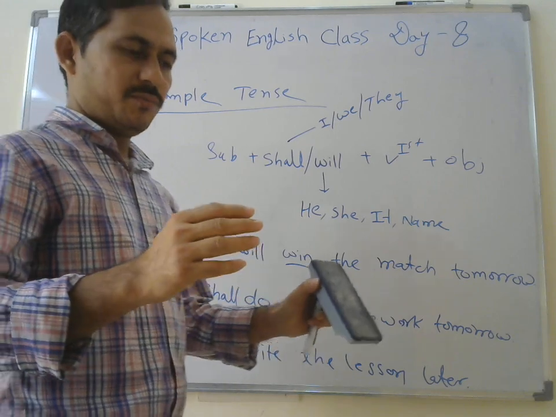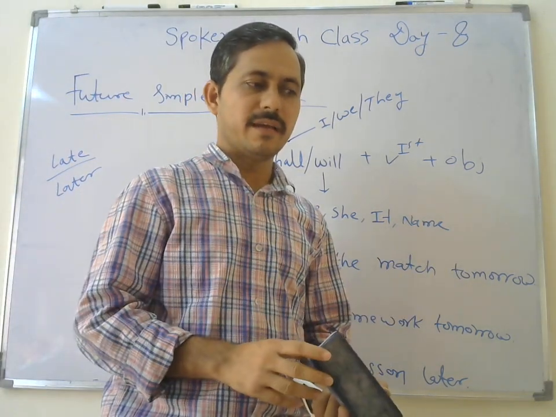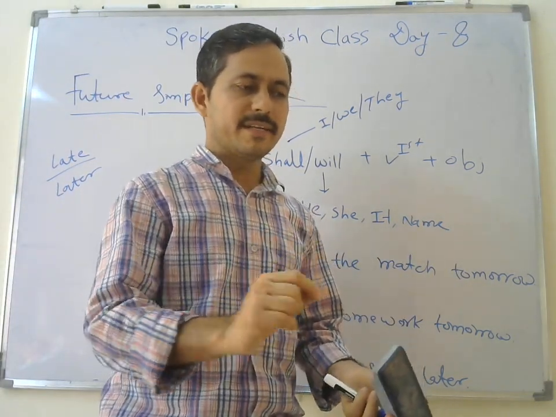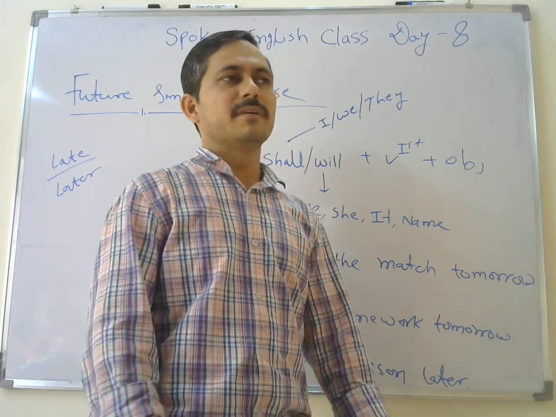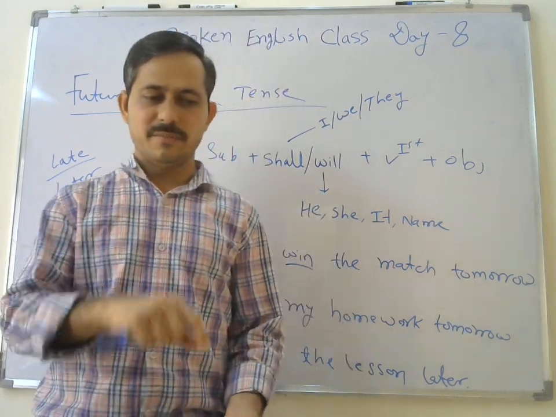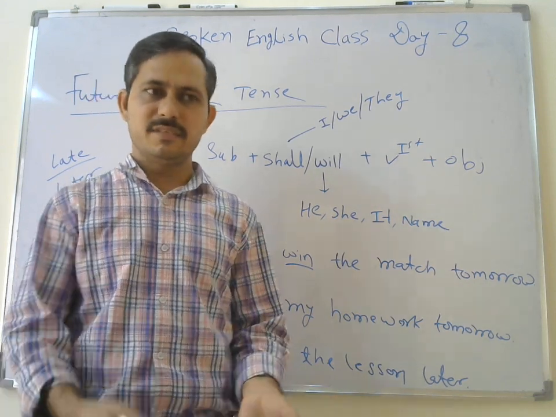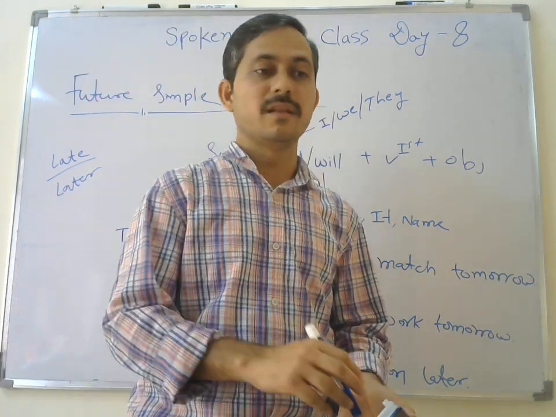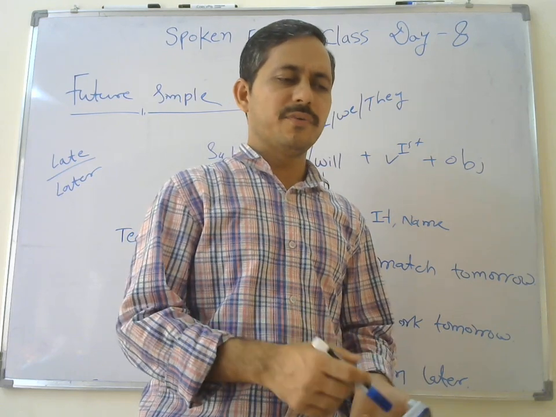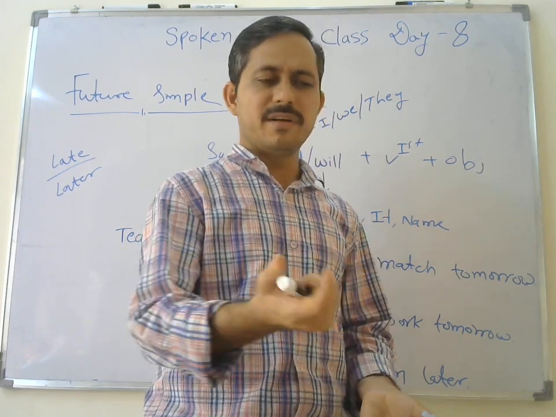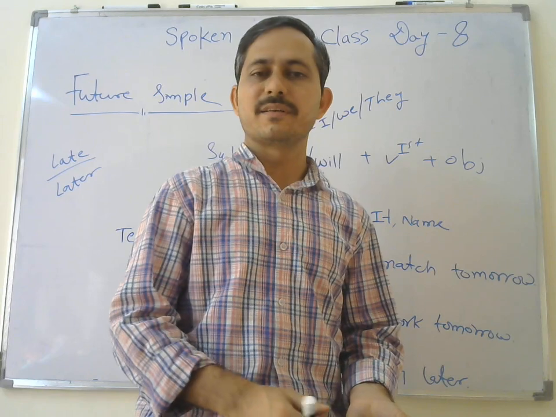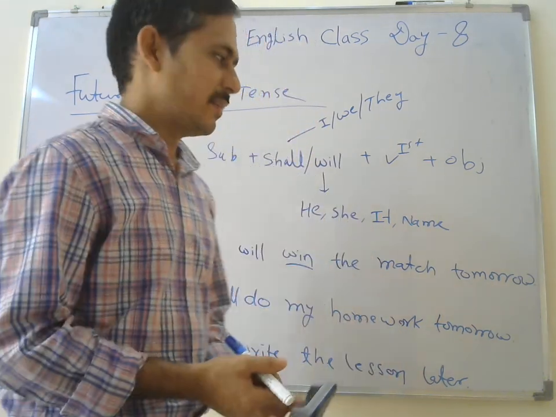So first start reading, then start writing those difficult words. Then you will be able to use them. Once you write them, see the meaning in the dictionary or on Google. A lot of channels are there. Just type the word in Google and you will get its meaning and uses. So start increasing your vocabulary.